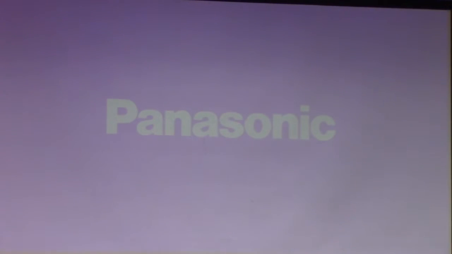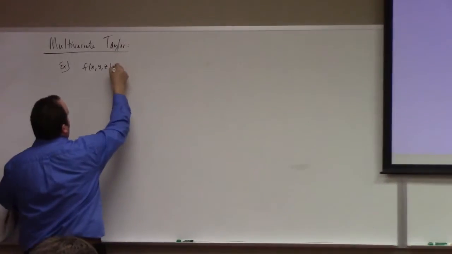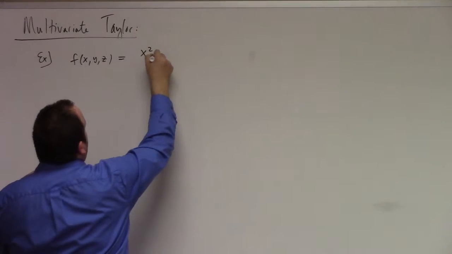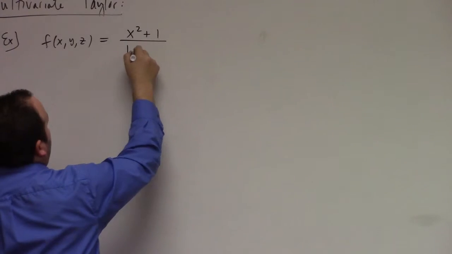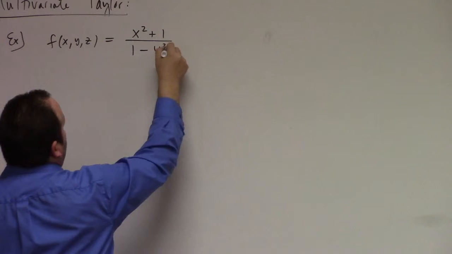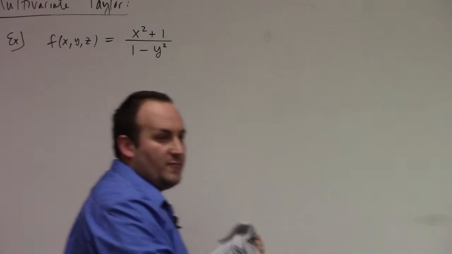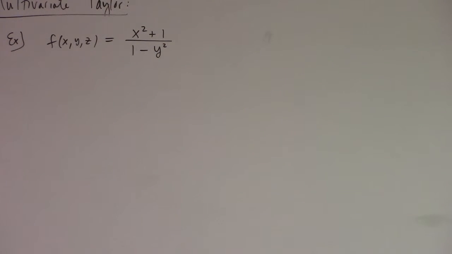How about this? F of x, y, z equals x squared plus 1 over 1 minus y squared. Find the multivariate Taylor series of that, centered at 0, 0.